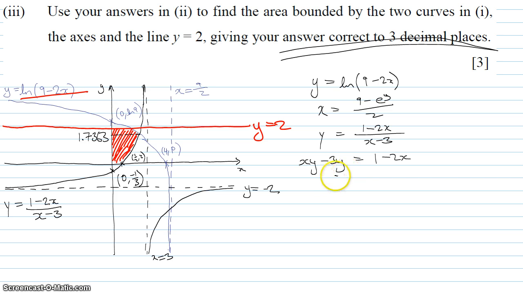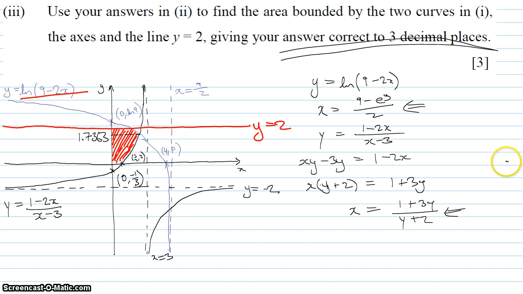Bring all the x's to one side, and I get x(y plus 2) is equal to 1 plus 3y. So x is equal to (1 plus 3y) over (y plus 2). If you look back at the previous part, this is basically what I was integrating, this expression and this expression, if you just replace the x's with y's.